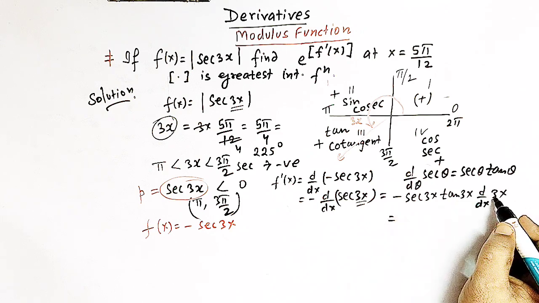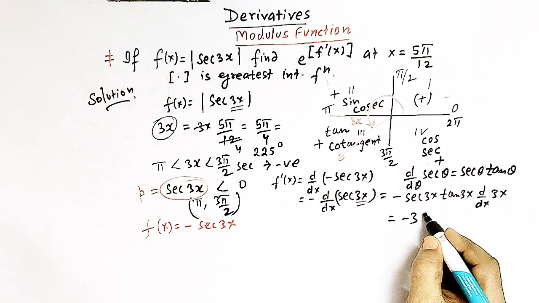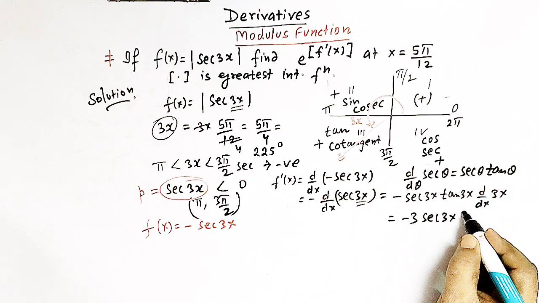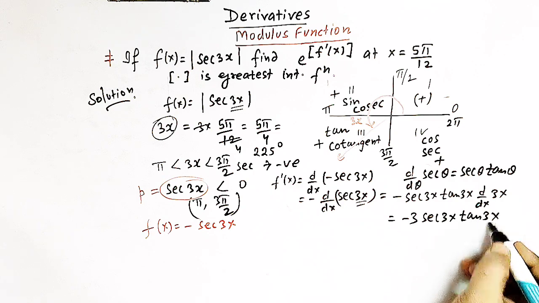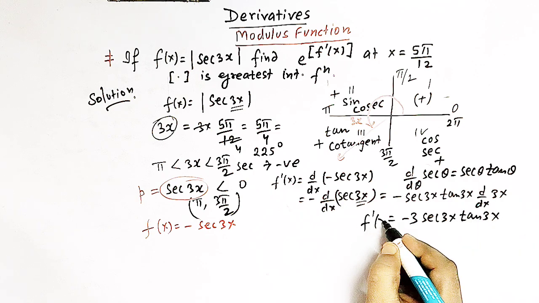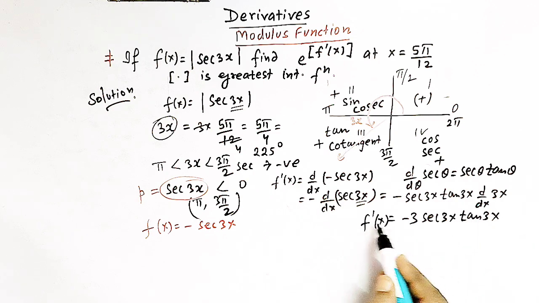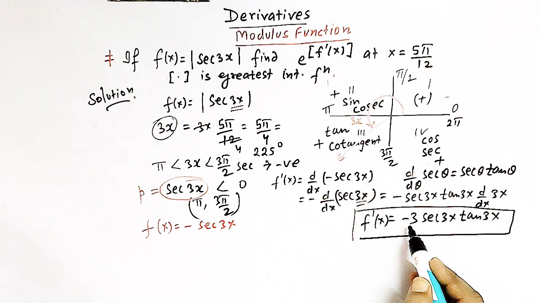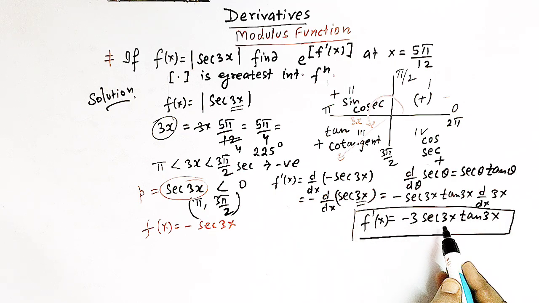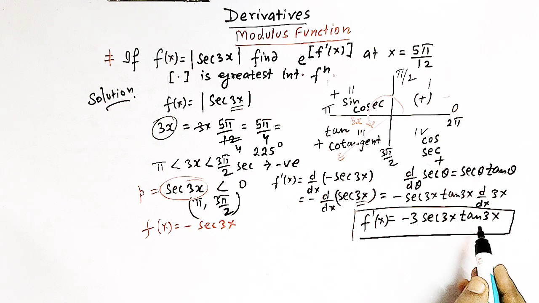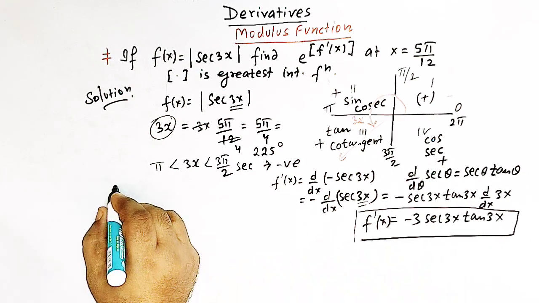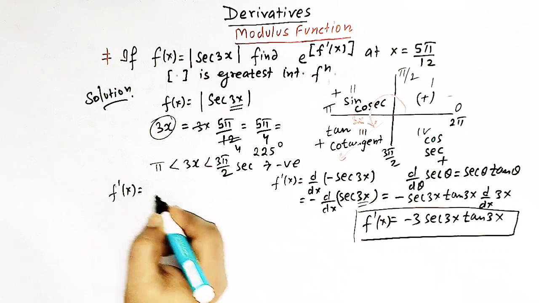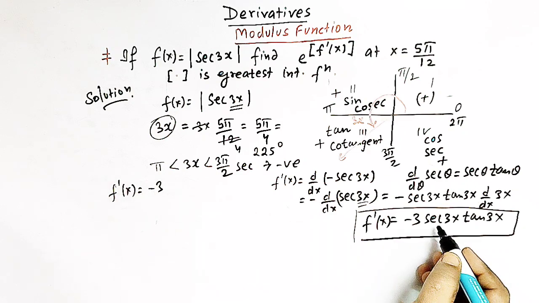So the derivative of 3x is simply 3. So we have minus 3 secant 3x tan 3x. So the derivative, that is f prime of x, is given by this expression, that is minus 3 secant 3x tan 3x. So now let us write f prime of x as minus 3.